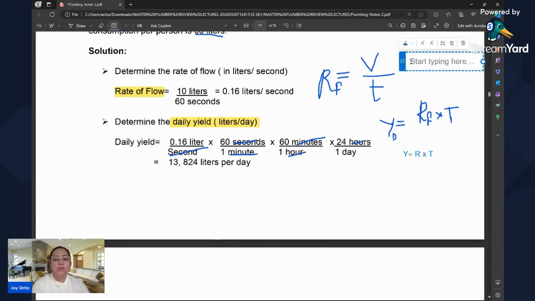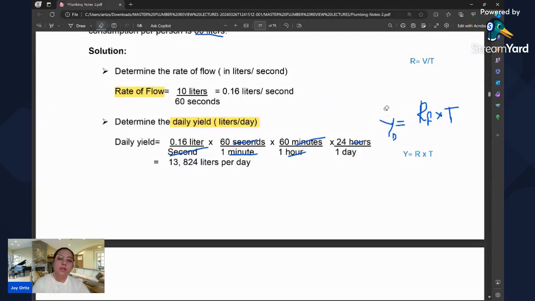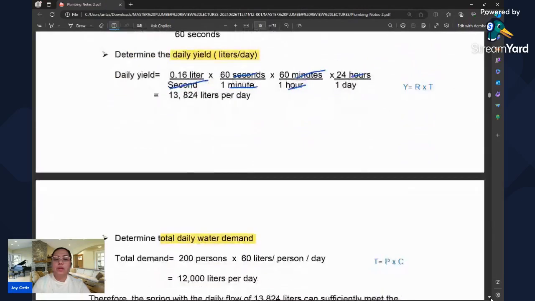Tapos ito naman, yung R is equals to the volume over T. Tapos erase natin ito, para clear. Maganda siyang tingnan. Okay? So, tatandaan lang po natin yan.